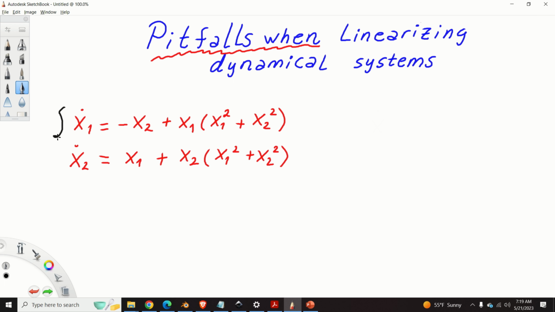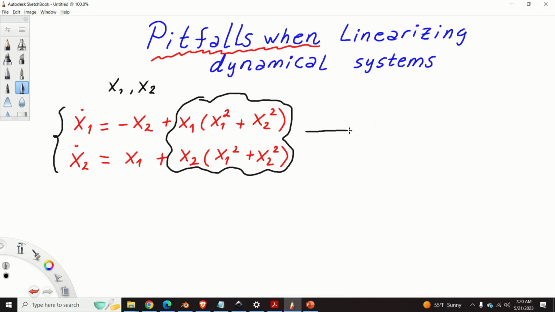Consider this nonlinear system. x1 and x2 are state space variables. And obviously this is a nonlinear system because of these two nonlinear terms over here. In this video tutorial, we will linearize this nonlinear system around its equilibrium point to obtain this linear system, where the A matrix is 2 by 2.